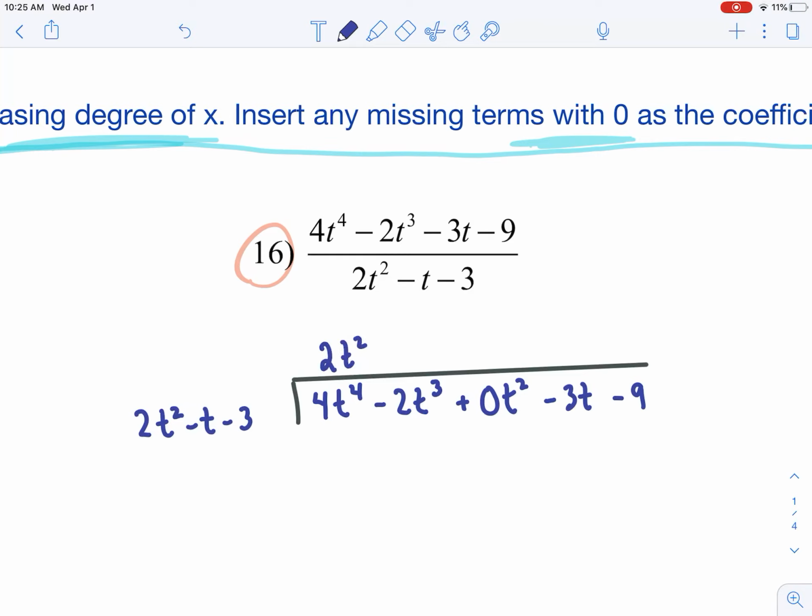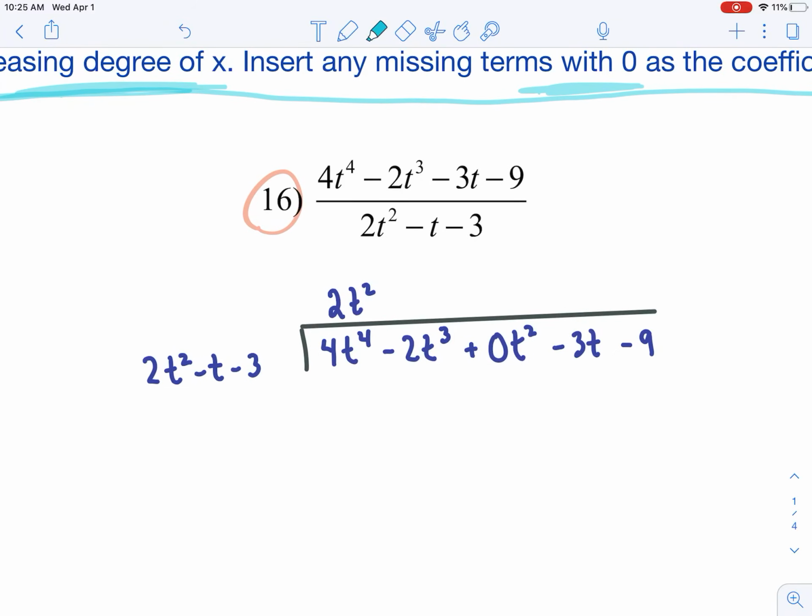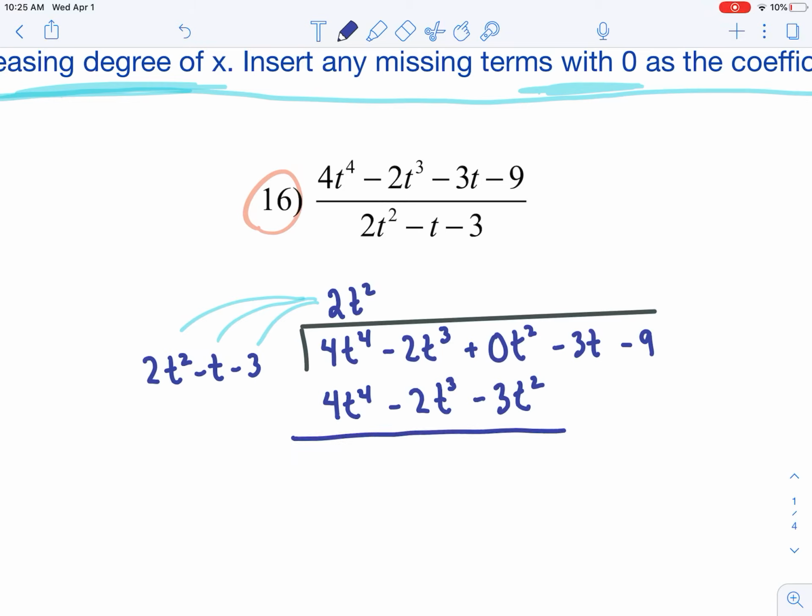I would multiply t squared by t squared, and then when I'm distributing this to all 3 terms, 4t to the 4th minus 2t to the 3rd minus 3t squared. And I've got to subtract that entire polynomial, so I like to put it in parentheses and put a minus sign out in front.